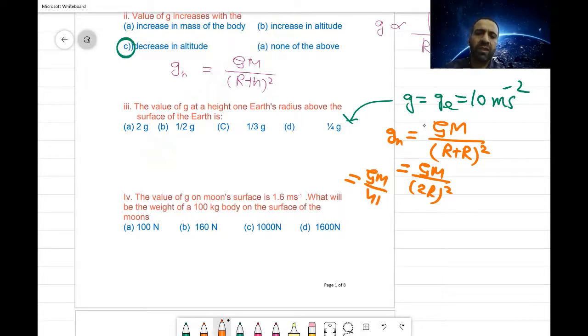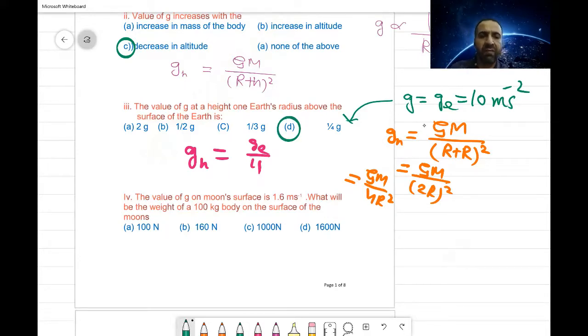So g at that altitude will be GM by R square, of course that is the value of g on the surface of the earth, so g on earth divided by 4. So of course this is our answer.